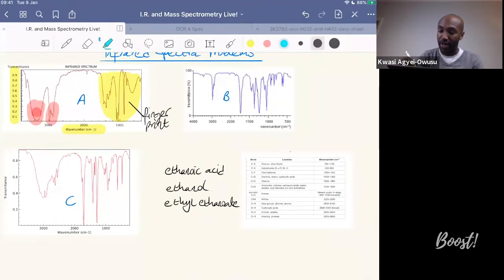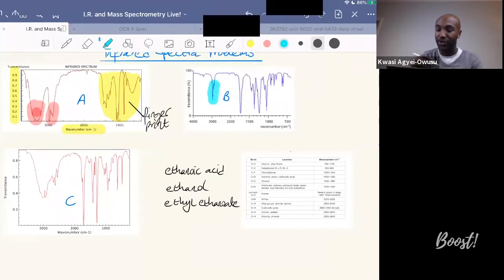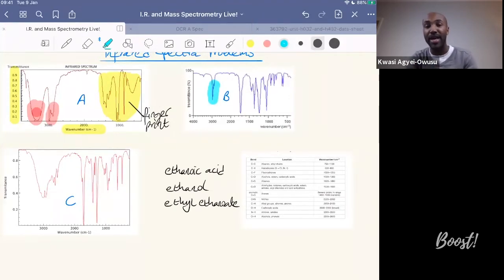So you've got this absorbance here, which is just before 3,000, and then going lower at about 1,700, you've got this very strong absorbance. And again, those are the only 2 absorbances we've got above 1,500. Everything else is in the fingerprint region, so we don't need to worry about the yellow fingerprint region.